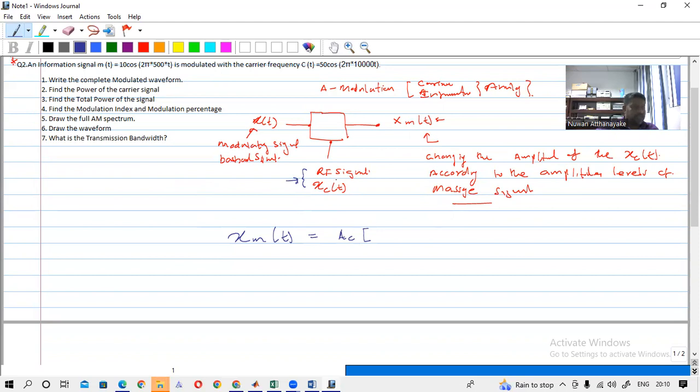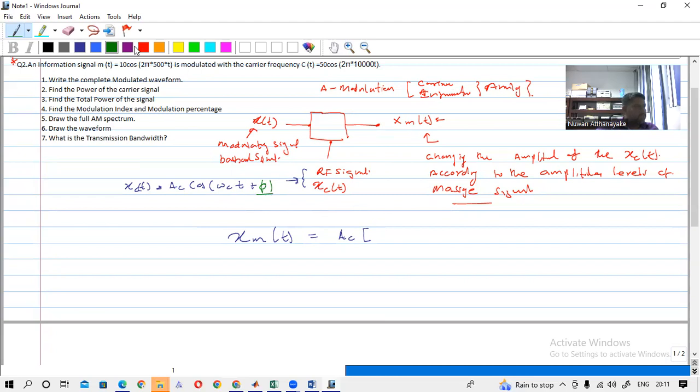So I am assuming my carrier signal is sinusoidal, and it looks like this: c(t) is equal to Ac cos(omega_c t). You can add a phase here, but we are not going to make any changes in the phase, so you can avoid writing it.